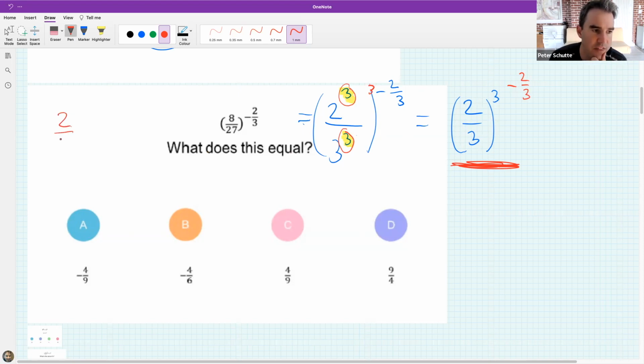If you had something like that, you could rewrite it as 2 to the power of 3 over 3 to the power of 3. So you're just bringing the 3 inside. What's happening here is that the 3 is being moved outside because it makes life easier for me.